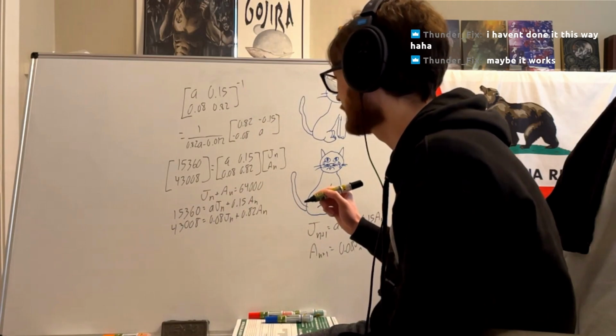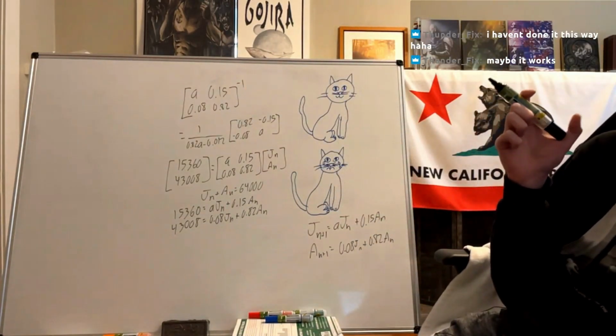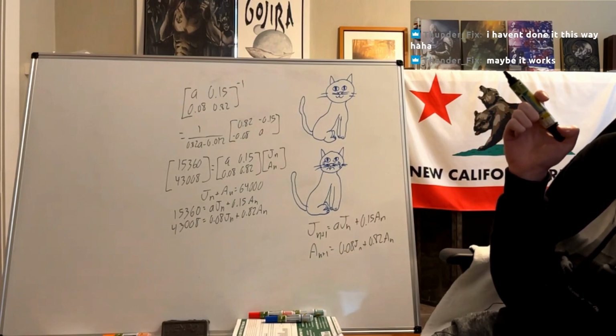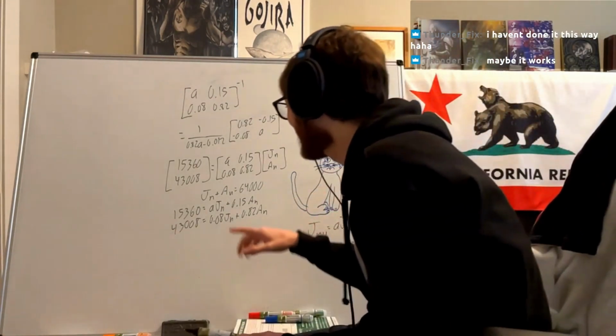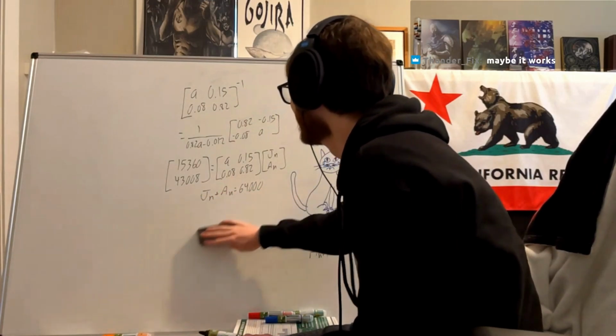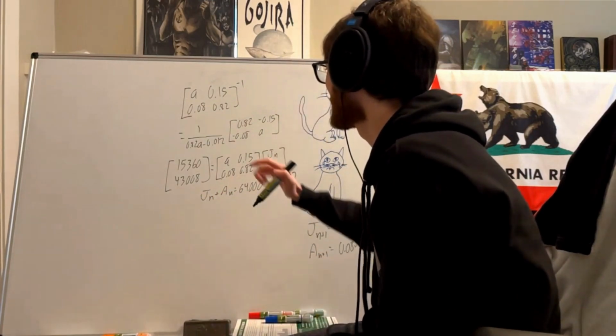Let's get rid of... You haven't done it this way? Oh, you're supposed to left multiply? Okay, I'll do it that way then. This way would also work too, I think, but I'll do the left multiplying. We did go through trouble finding the inverse, I guess.